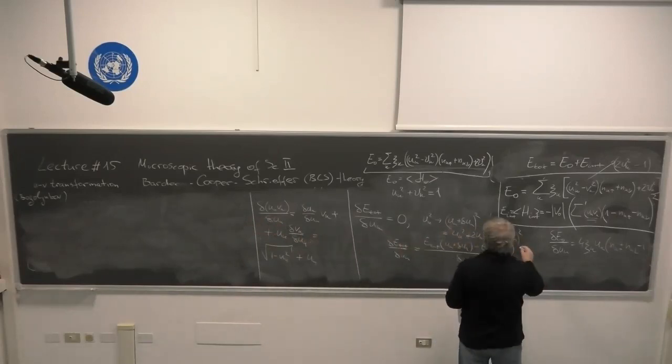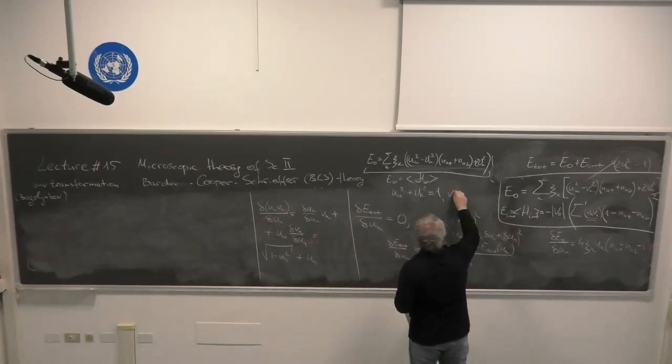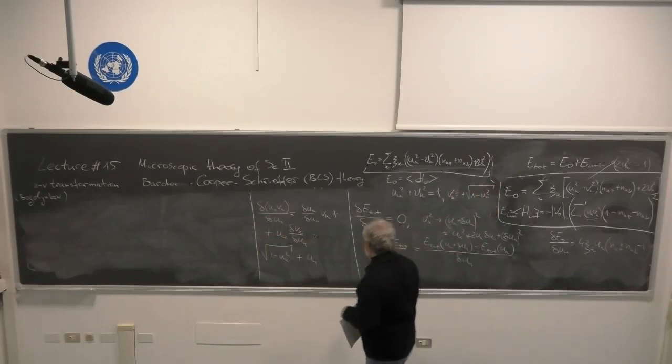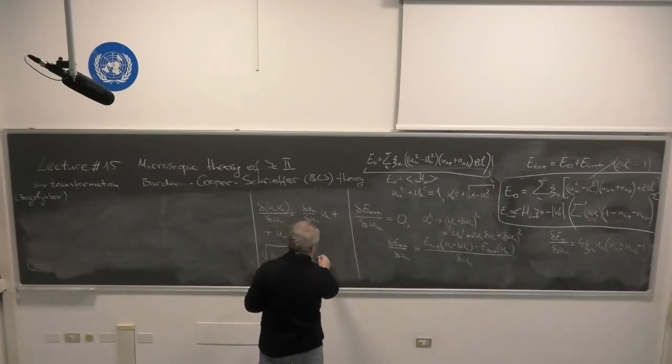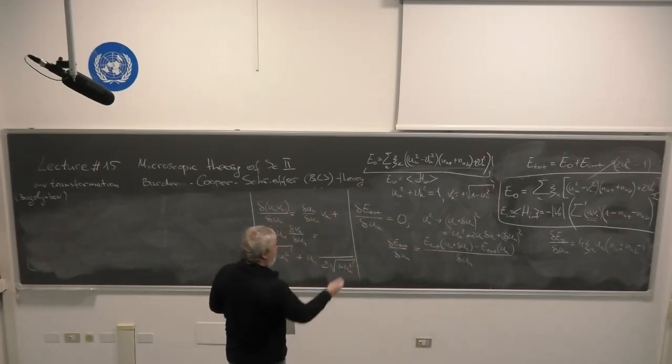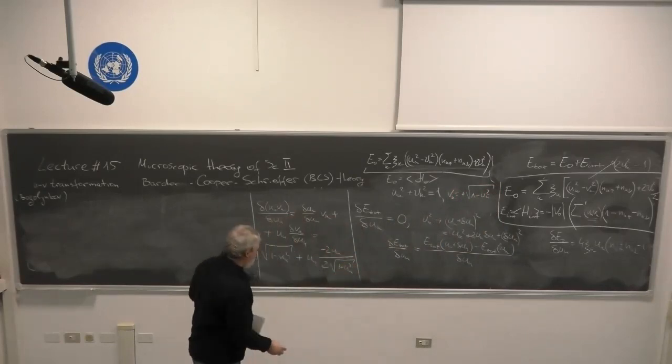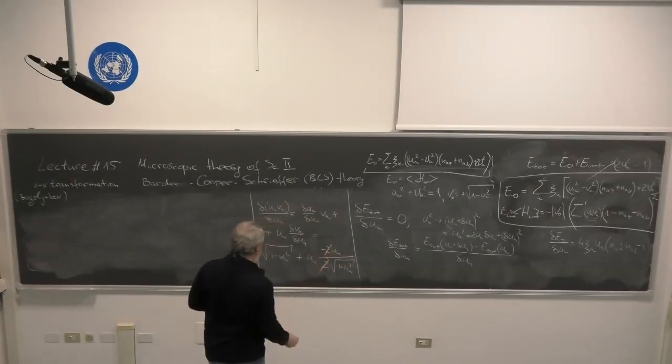I remind you that v is considered to be plus the square root of 1 minus u_k squared. So first I take the derivative of the square root, and I now take the derivative of the argument. This is minus 2 u_k. The 2 and 2 cancel out.